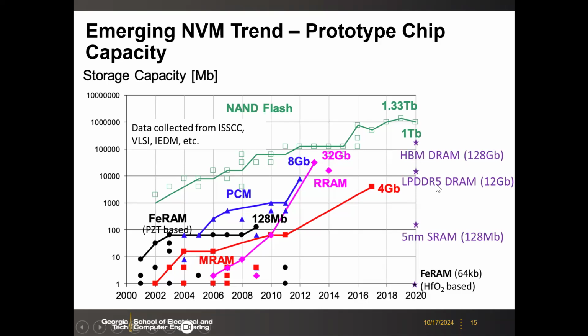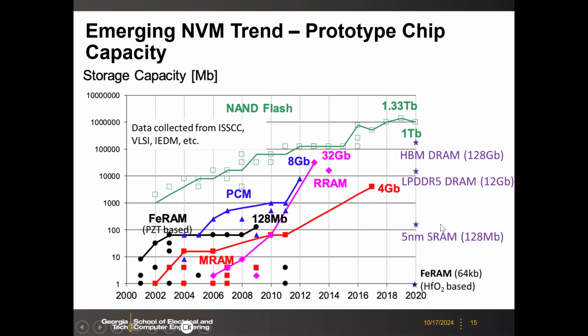And then of course, if you do the stacking of HBM, these are earlier versions of HBM, you can get this 128 gigabits. This is bits and bytes, but per die, for example, LPDDR5 per die is only 12 gigabits. Today, the best is around 32 gigabits. So that is the capacity. And then SRAM is 128 or at most 256 megabits, around that level per die.